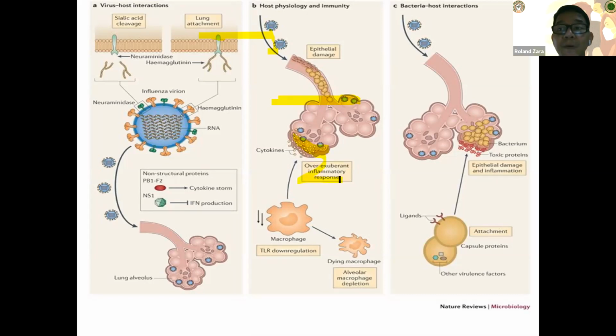There will be tumor necrosis factor, interleukin 1, interleukin 2. This will call your anti-inflammatory cells like the macrophages to phagocytose this influenza. But then it undergoes epithelial damage and inflammation. This is how severe your influenza can be, and later on, this may cause secondary bacterial infection.